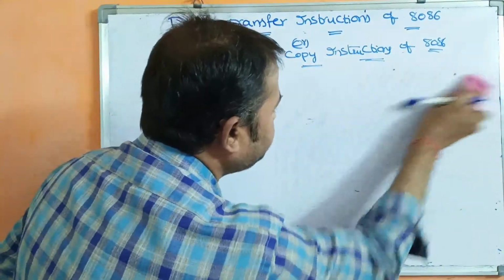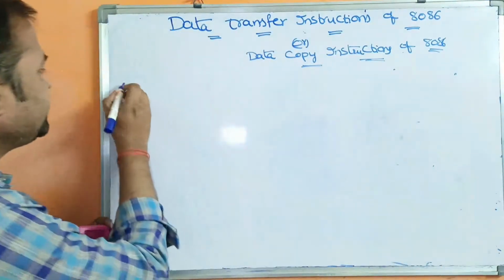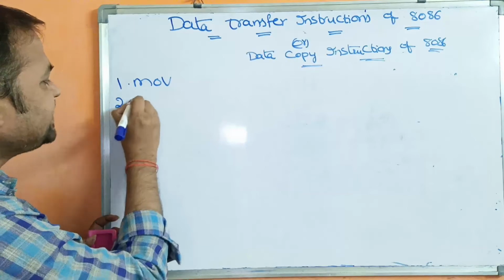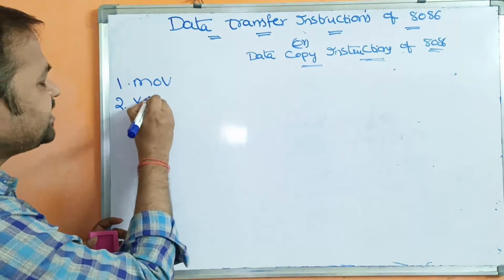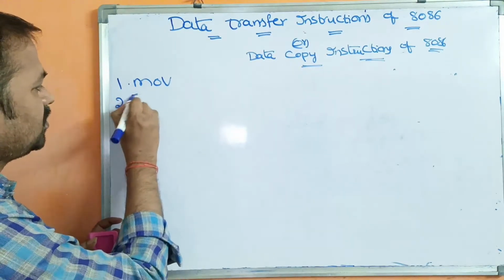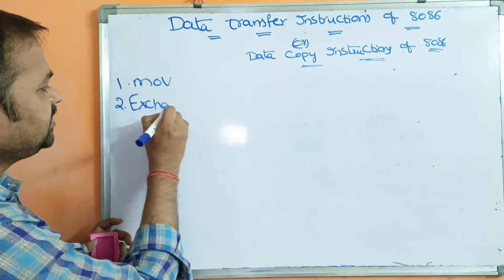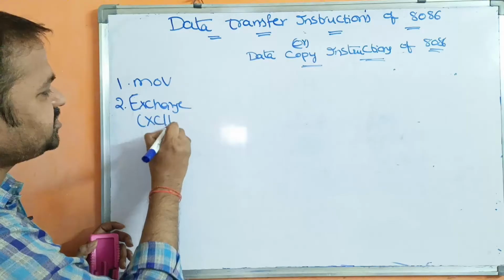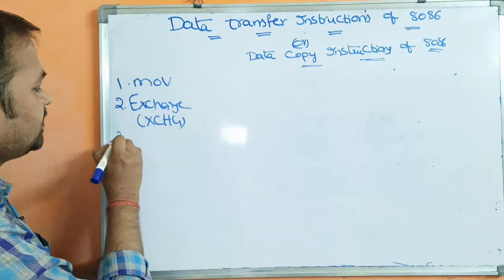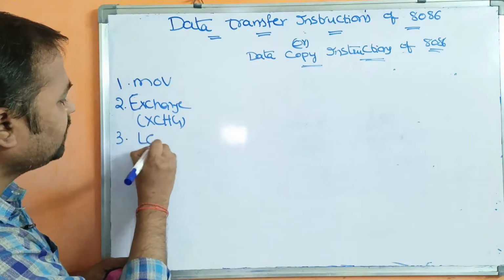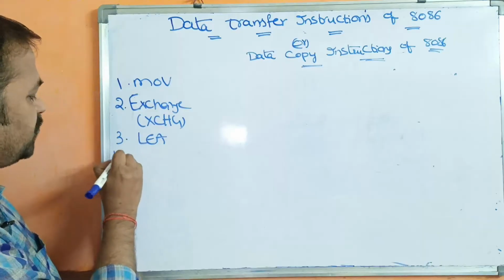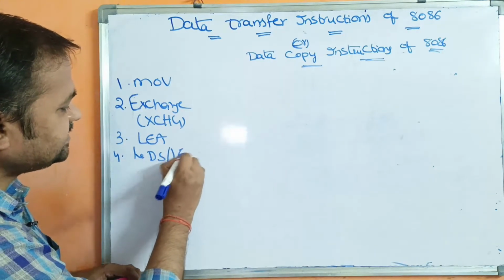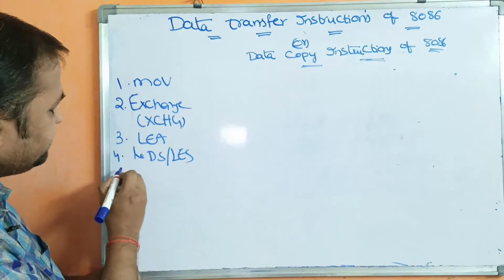We have different types. The first one is the move instruction. The second one is the exchange instruction, denoted by XCHG. The third one is LEA, load effective address. The fourth one is LDS and LES, load data segment, load extra segment.